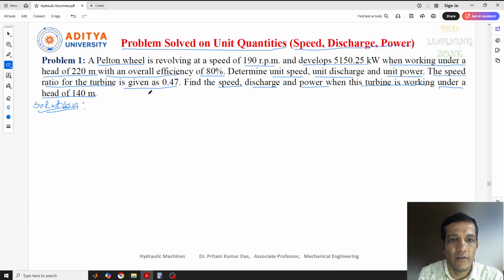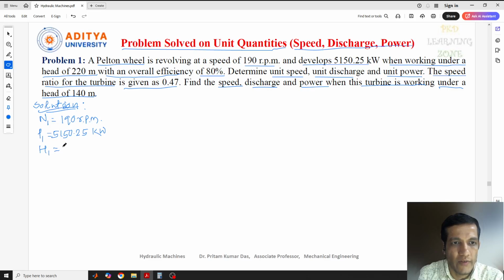In the first line itself, we can see the speed of the Pelton wheel is given. We can write this as speed N1, that is 190 rpm. The second one is the power it develops, so power P1 is given as 5150.25 kilowatt, when working under a head of 220 meter.